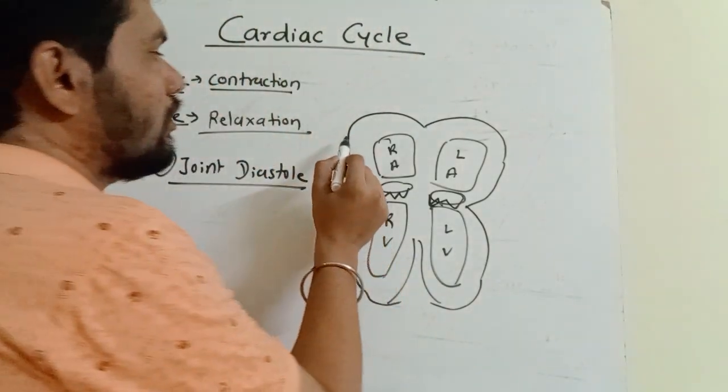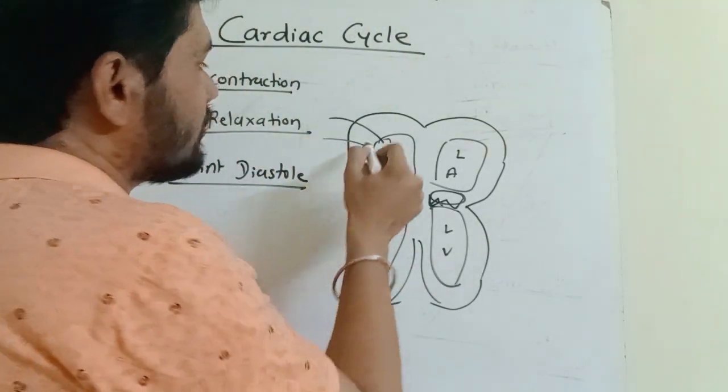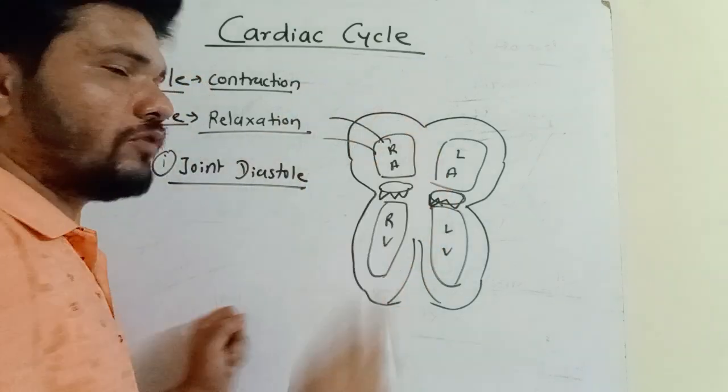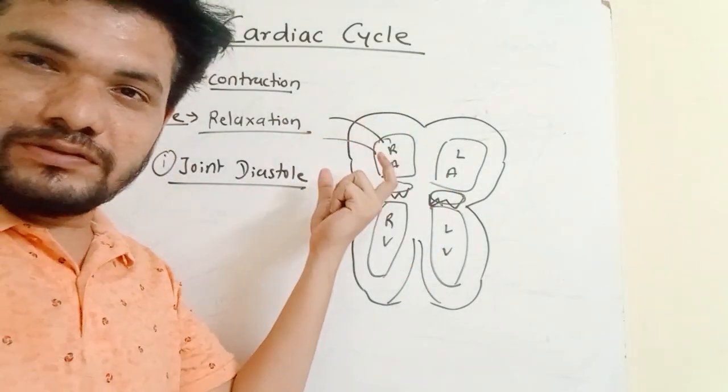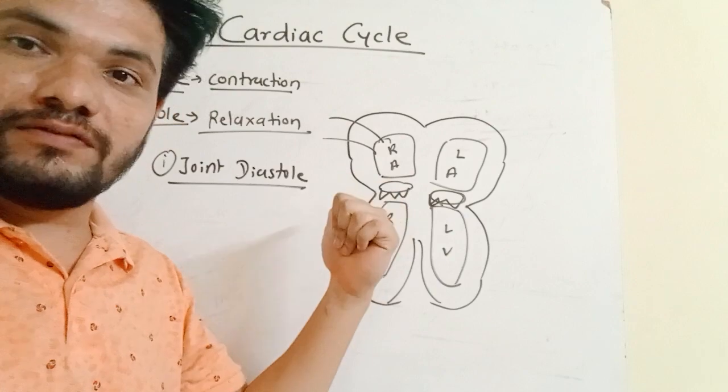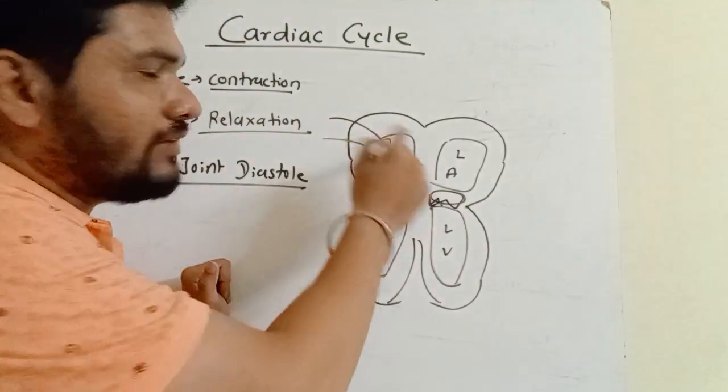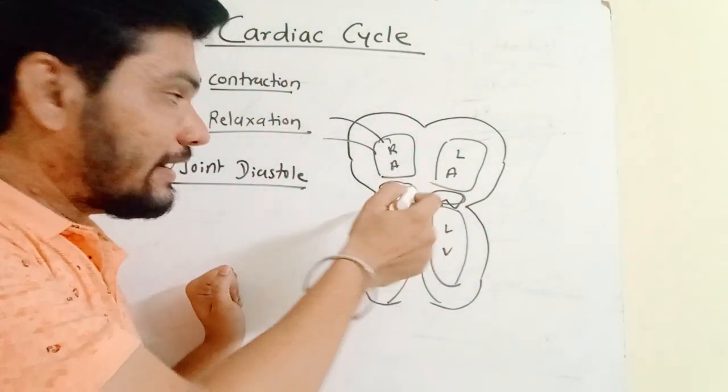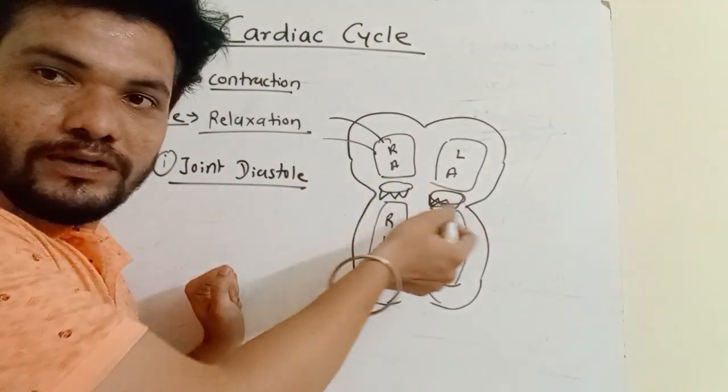We all know that the atria have blood coming from the vena cavae, the superior vena cava and inferior vena cava. So the atria are filling with blood, and at the same time these valves are also open.